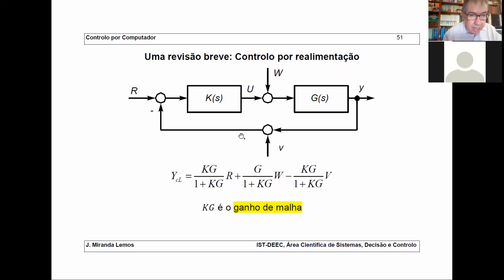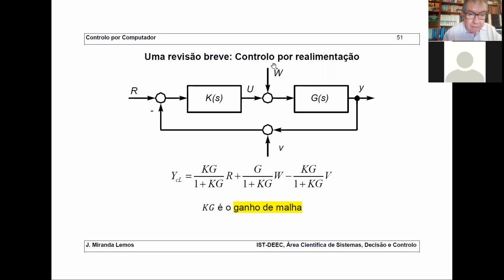And then you build this error and you amplify it with your controller K(s), and you generate the excitation to the system, U. So U is what you apply to the actuators, the command that you apply to the actuators.